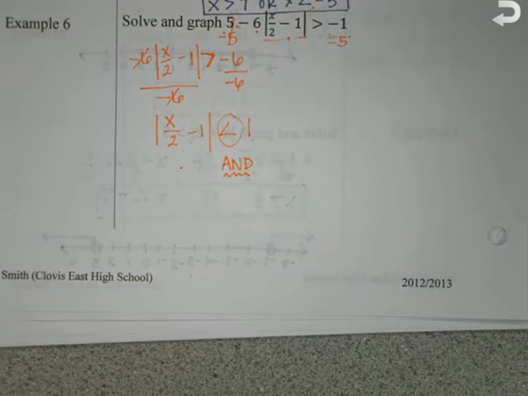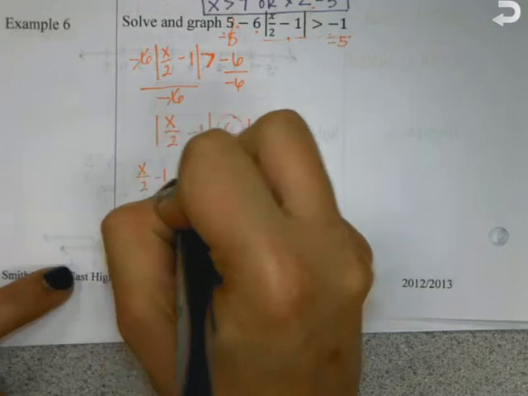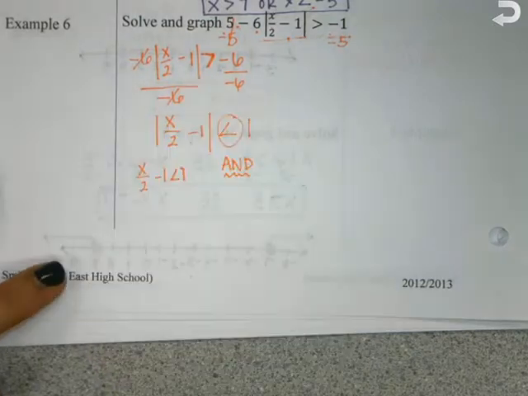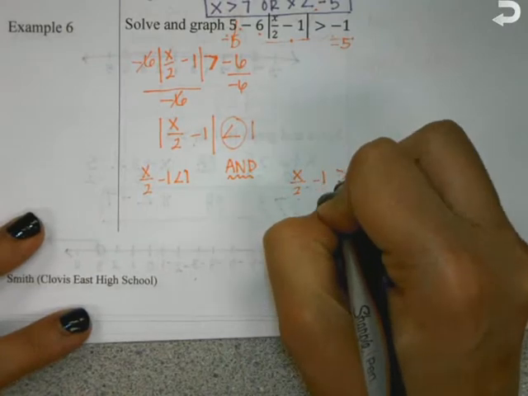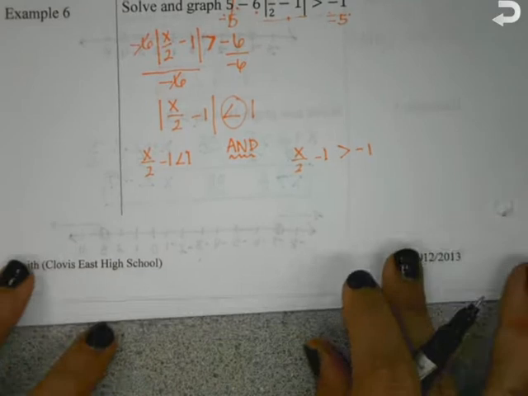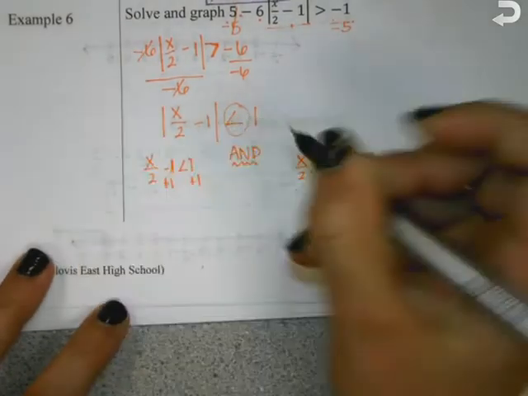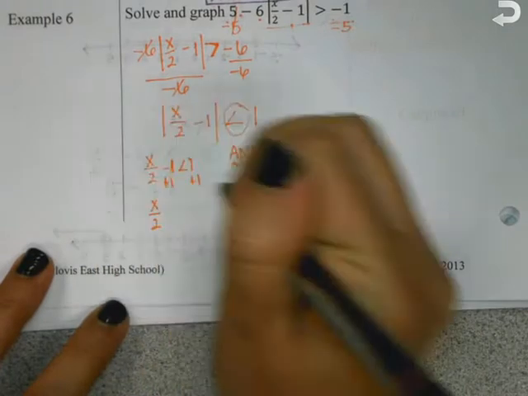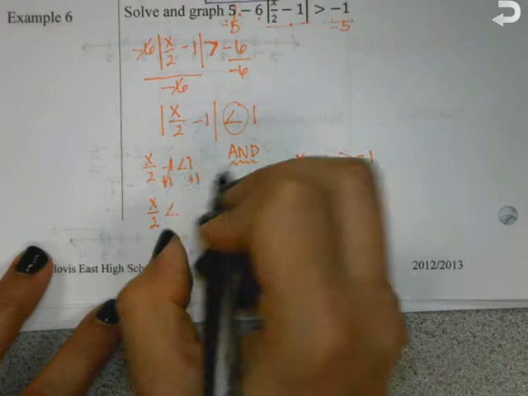So to get x by itself, I need to add 1 to both sides. So that gives me x over 2, those 1's turn into 0, less than 1 plus 1 gives me 2, and when I add 1 here, I get x over 2 greater than negative 1 plus 1 is 0. So now I need to get x by itself, I need to multiply both sides by 2.